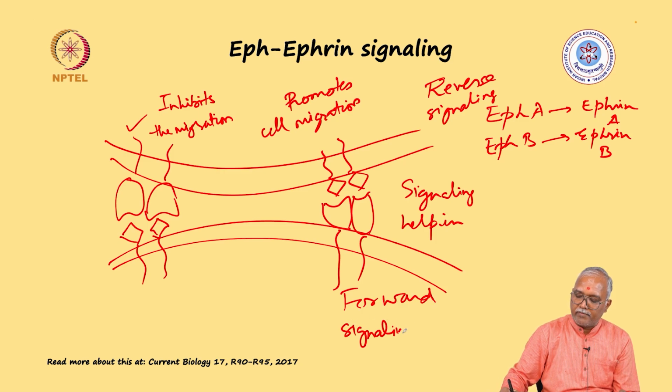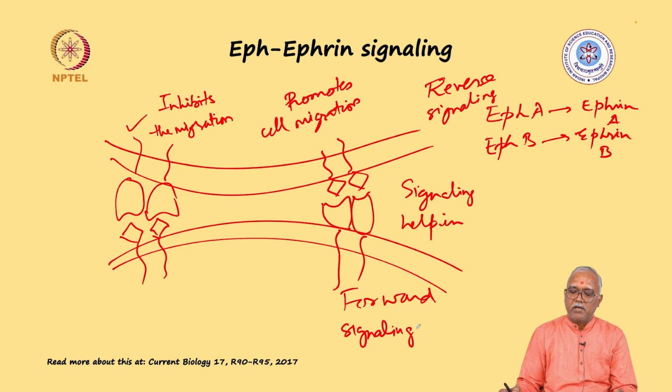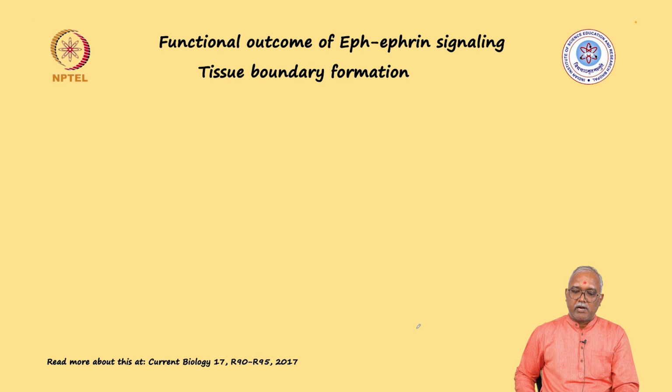And by now you would have appreciated how by different means like cis inhibition or oligomerization, the effect can be magnified or it remains normal. So let's take some examples of how Ephrin signaling is shaping the tissue organization or patterning and so on. And what are the functional outcomes of this Ephrin signaling?